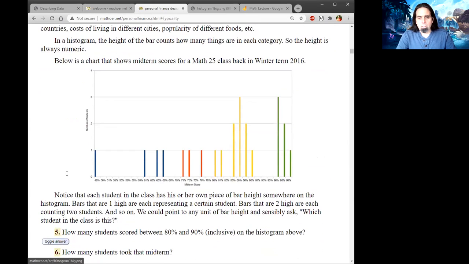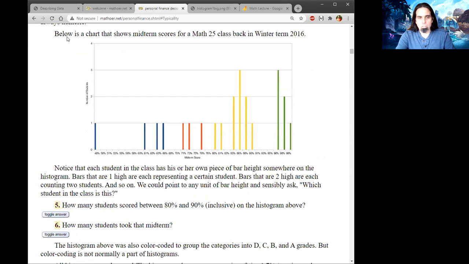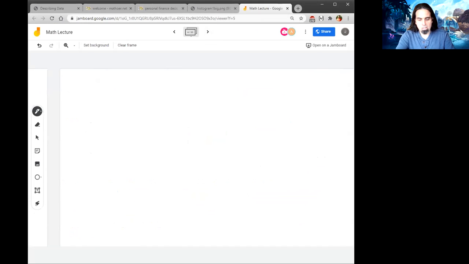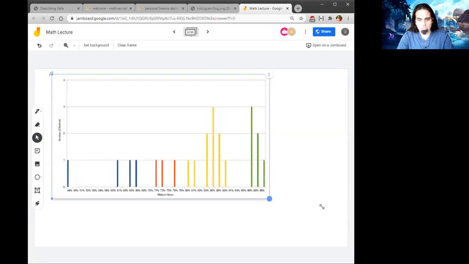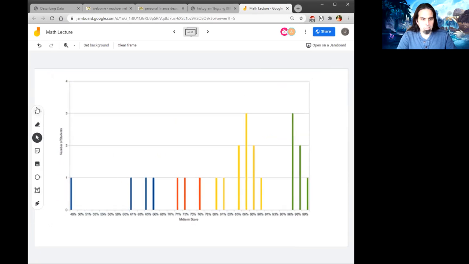Notice that each student had his or her own piece of bar somewhere. So if I put this on my Jamboard, then this is a student, right?